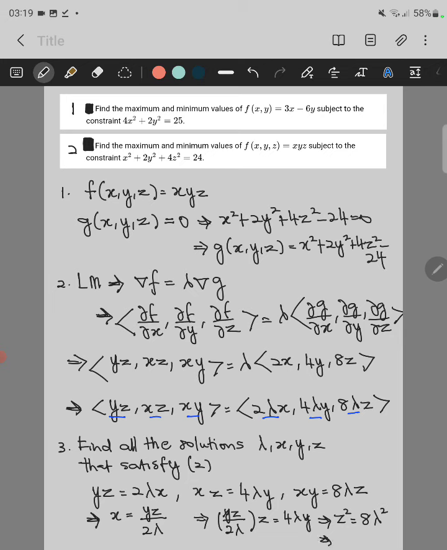So z equals plus or minus the square root of 8 lambda squared.